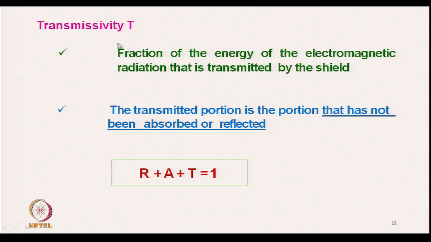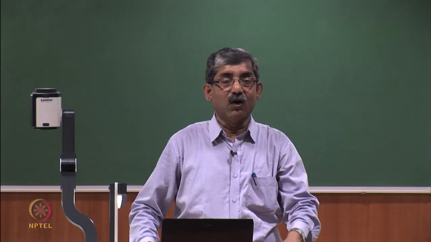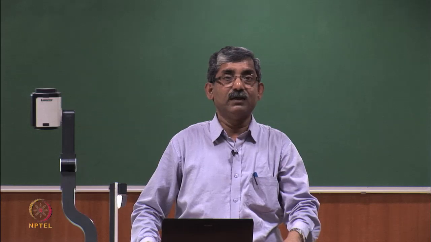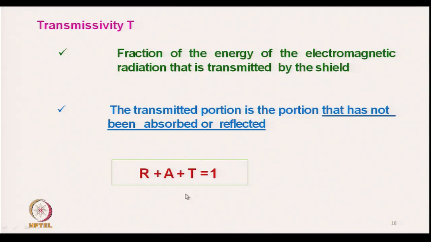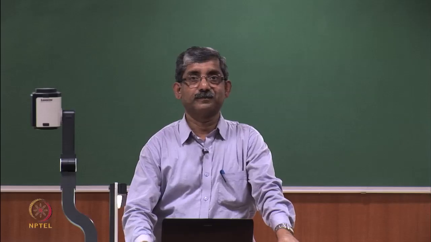The value of transmissivity will show the effectiveness of a shield material. A very good shield material will have the least transmissivity. So, if we add all three, it will be unit value: R plus A plus T equals 1.